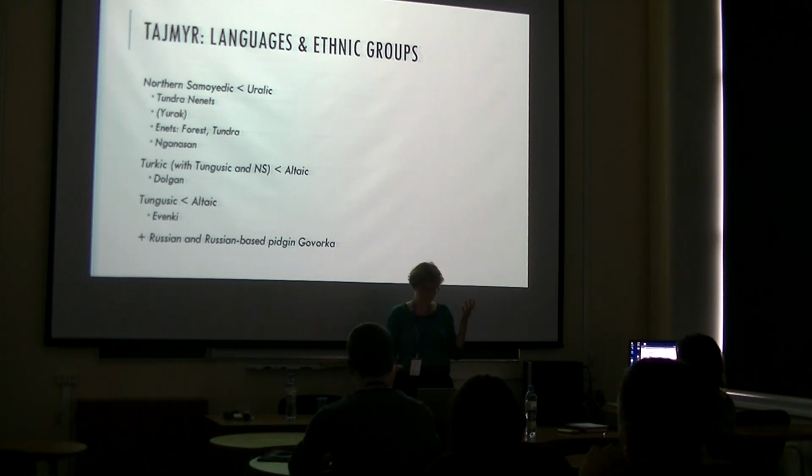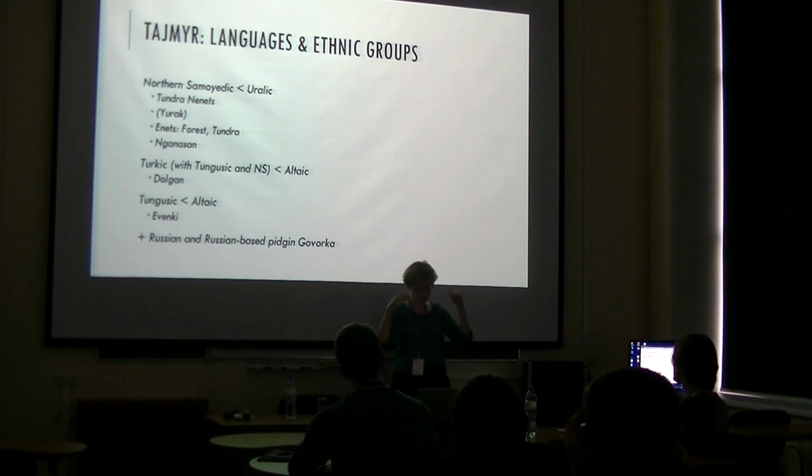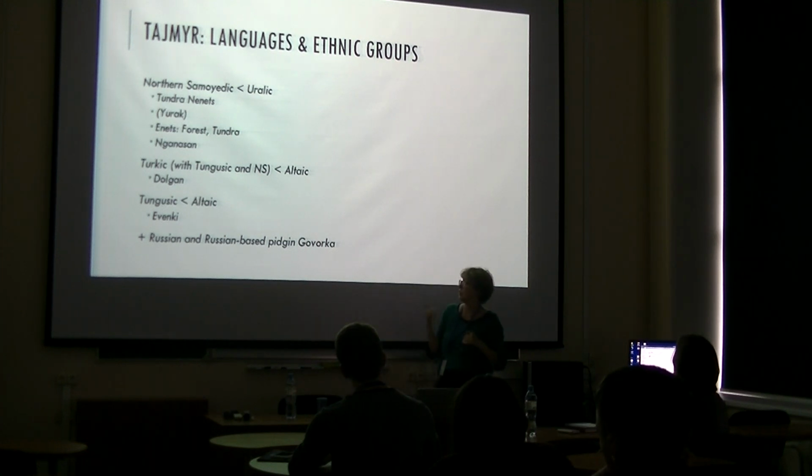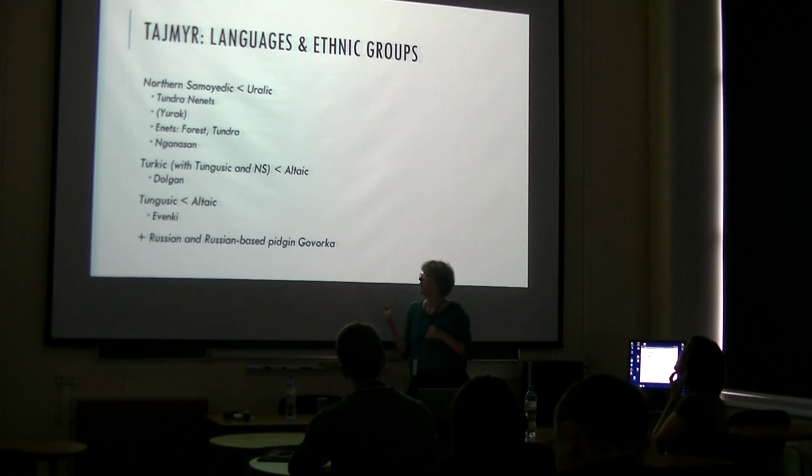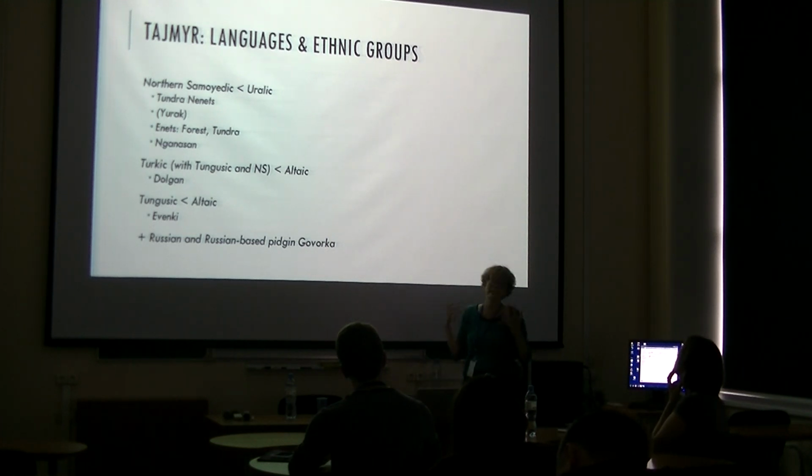Then we have Tundra Nenets, the two Enets varieties, and Nganasan, which are modern Samoyedic languages. And then there is a Turkic language, Dolgan. It's quite similar to Yakut.